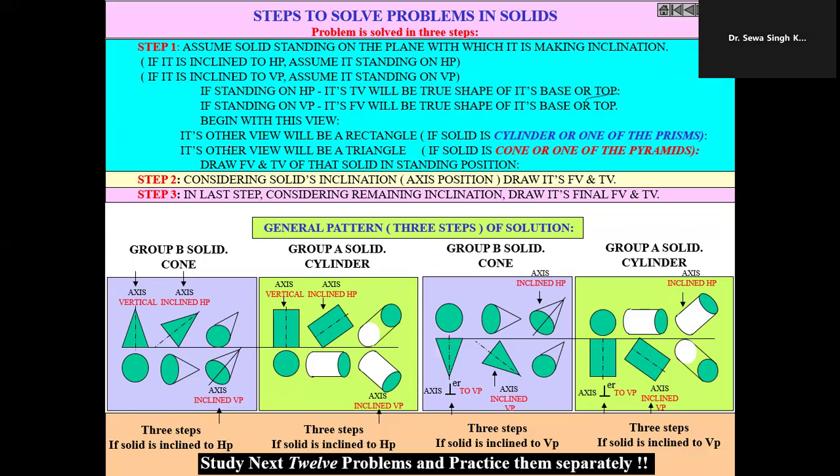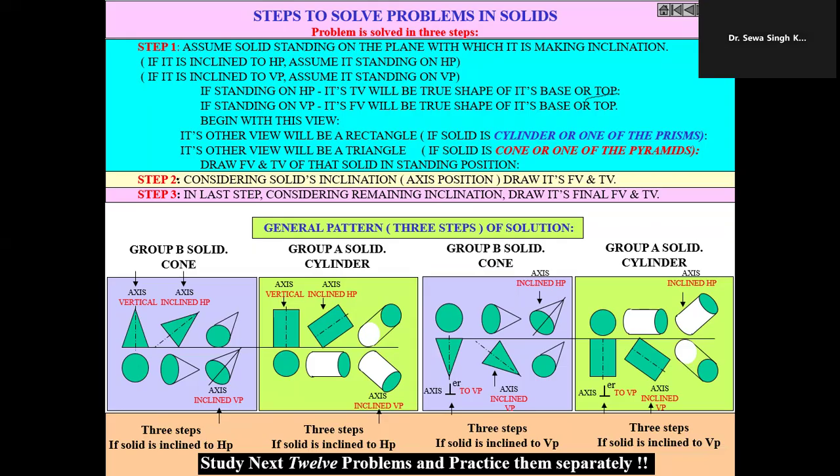Likewise, in the first step, we will draw true shape of base and then we will proceed to draw the front view or the top view as the case may be, having true length of the axis.